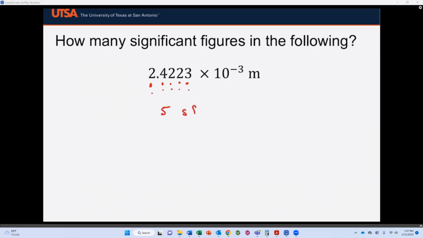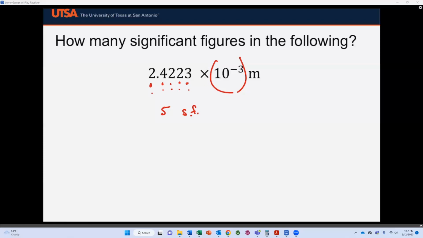And SF is the abbreviation for significant figures. You don't count the scientific notation afterwards. That's simply there to tell you what the magnitude is. And you can actually take this and convert it back into a non-scientific value. We'll talk about that later when we start talking about zeros. This is pretty simple.